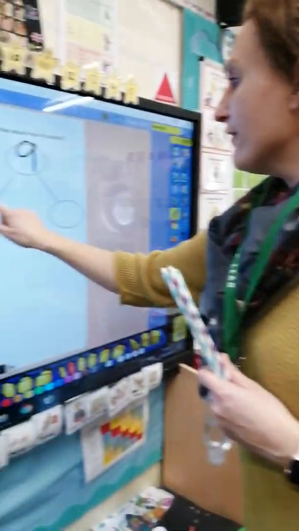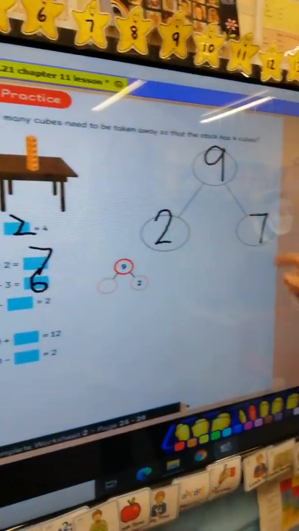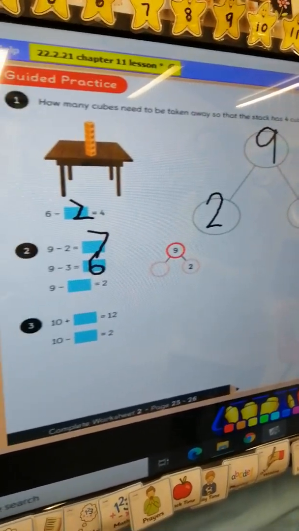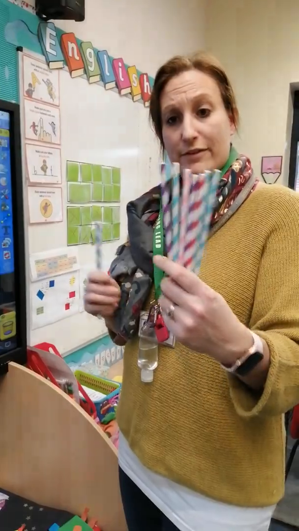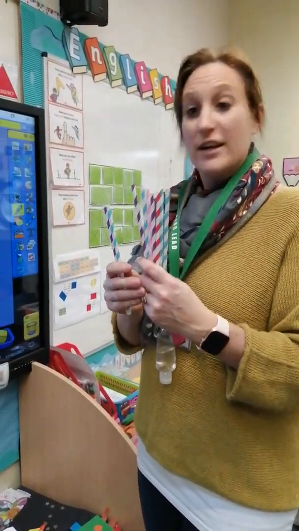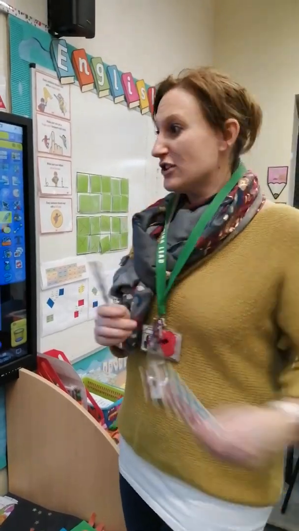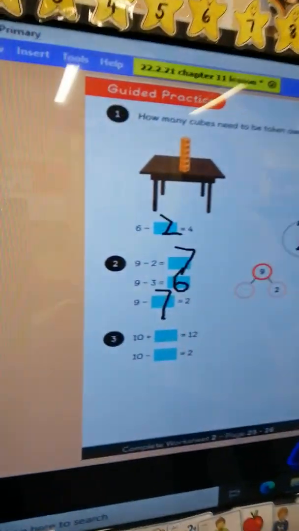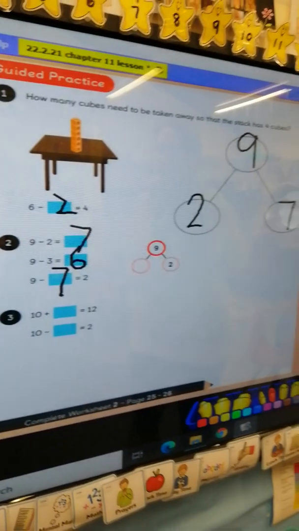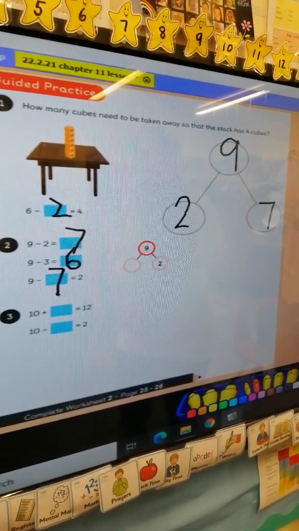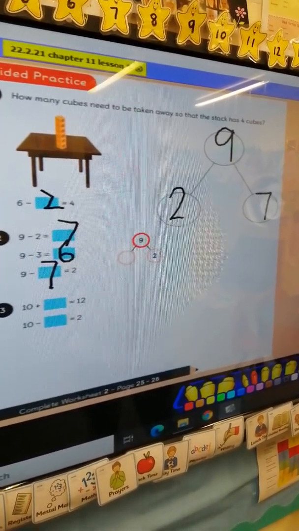Well, I know if I started with 9 and I took away 2, I'll be left with 7. So now, oh look, I'm going to swap it round. I'm going to do 9 take away 7 leaves me with 2. It's the same fact family. It's the same 3 numbers. I'm just taking away the parts in different orders.